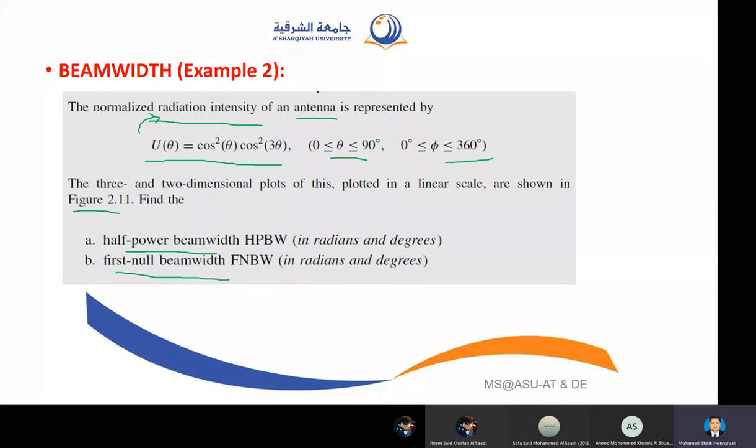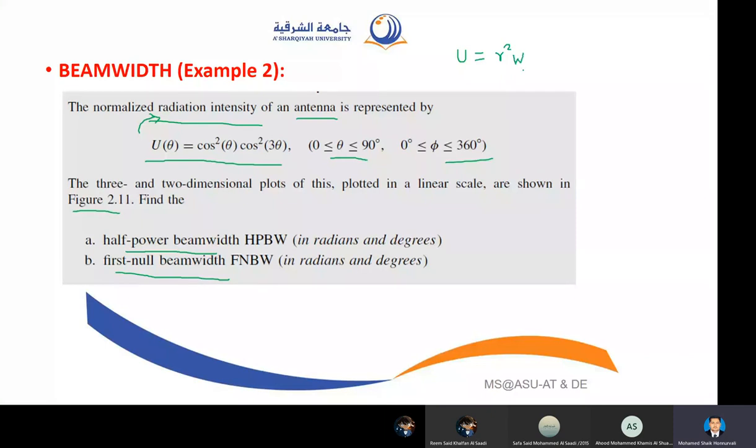Before we go into that, first let us see what radiation intensity is. Radiation intensity is defined by U, which is equal to R square multiplied by the power radiated.